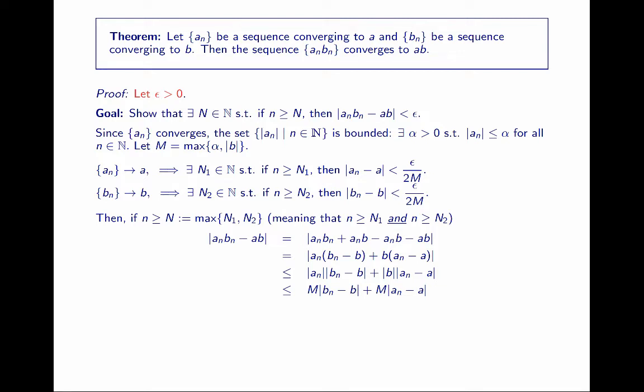We know that a_n is bounded above by M, and so is the absolute value of B by definition. And that's less than or equal to M times epsilon over 2M plus M times epsilon over 2M, which is epsilon over 2 plus epsilon over 2, which is epsilon.